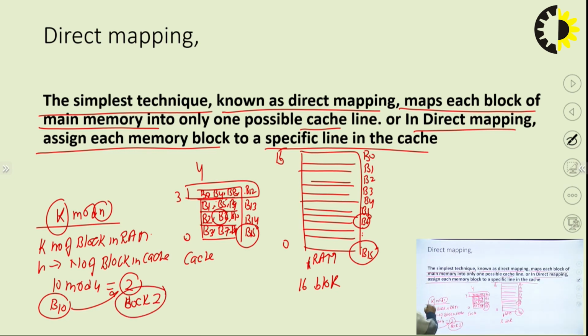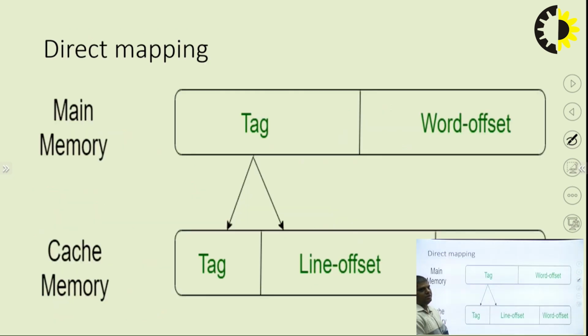By this mathematical formula, we calculate how every block of the RAM is mapped into the cache memory. That is the main concept of the cache memory.